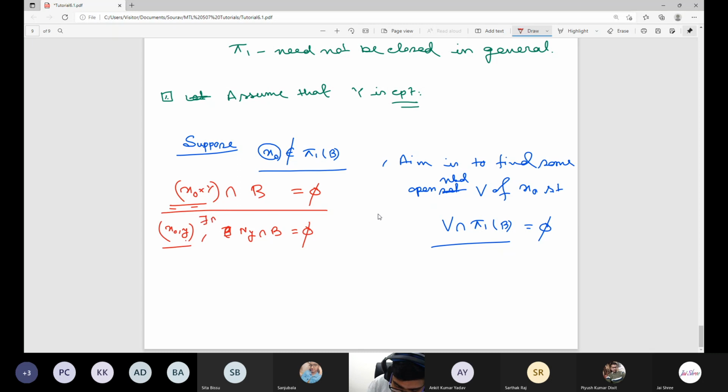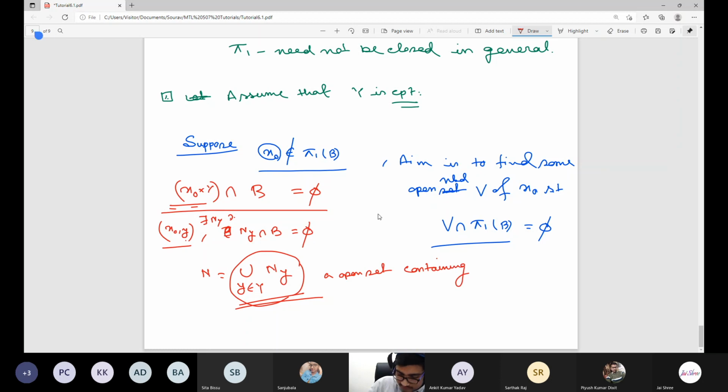Now take the set N as the union of Ny over y in Y. This union will be an open set containing x0 cross Y, since for each y, (x0, y) belongs to Ny.